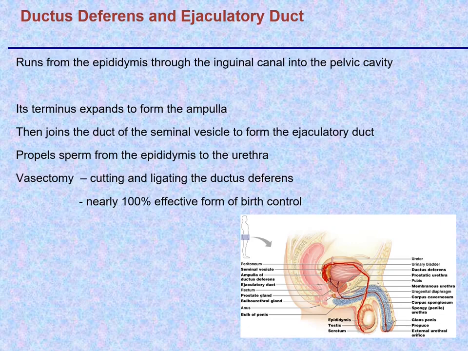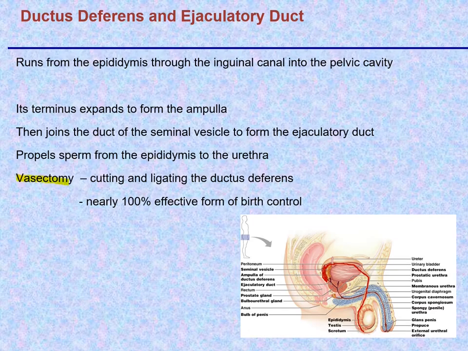In a simple surgical procedure to sterilize males, it's the ductus deferens that gets cut and tied, or ligated, closed, and that procedure is called a vasectomy. It is nearly 100% effective, but not quite.